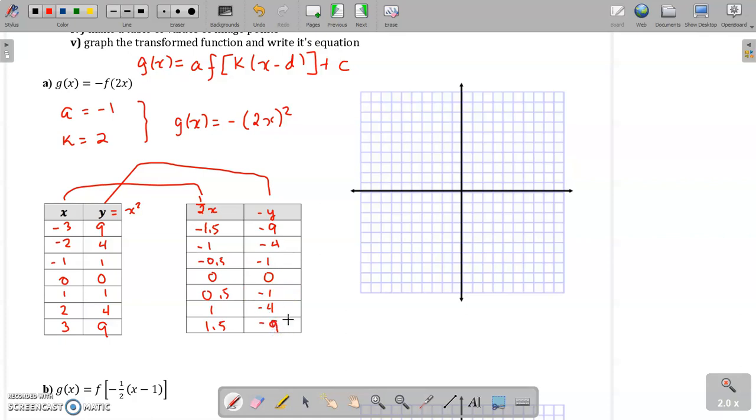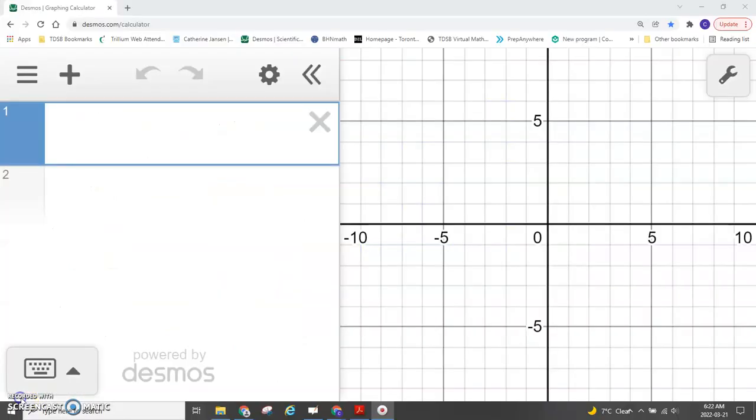So what I'm going to do is show the graph using the Desmos program. Just a moment. So I had actually graphed it on the original paper, so you must practice that as well.